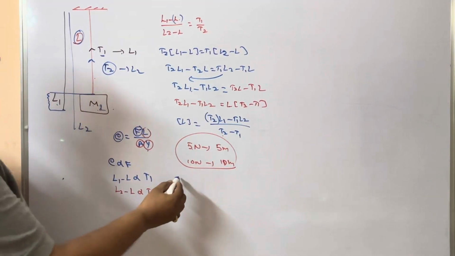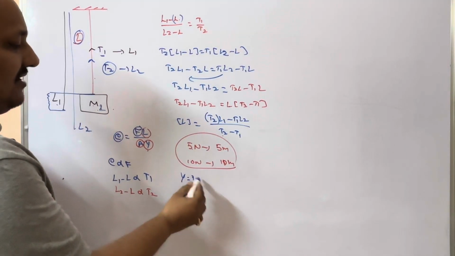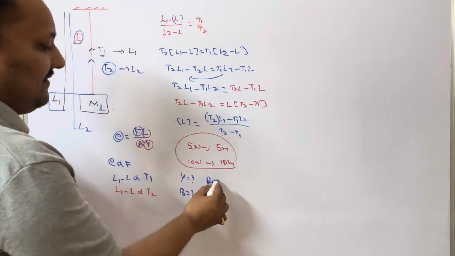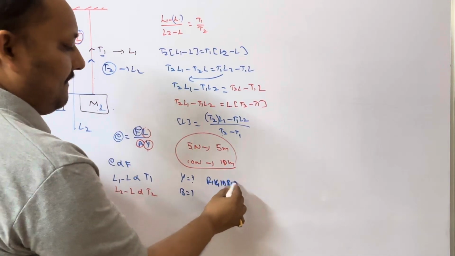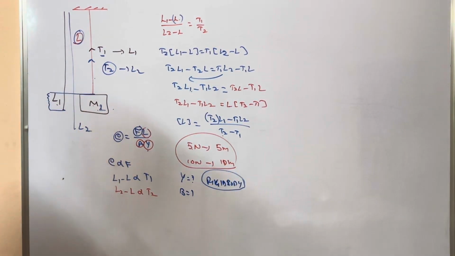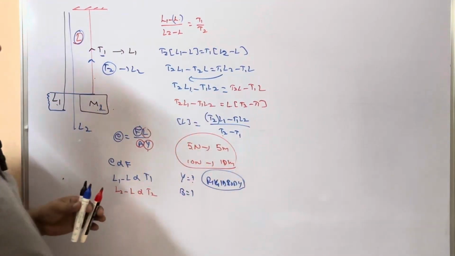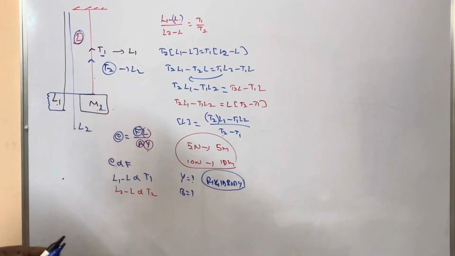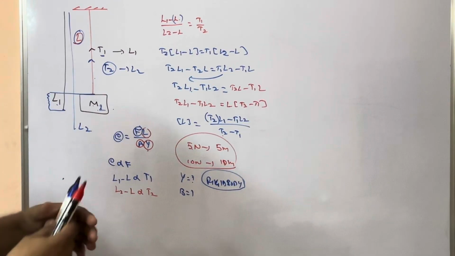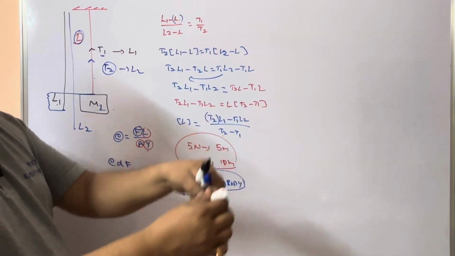Next, what is the Young's modulus and bulk modulus of a rigid body, they will ask. What is meant by a rigid body? Even though you apply a deforming force, it does not change its original size and shape. If I apply some force on this marker to fold it, it is not able to fold.